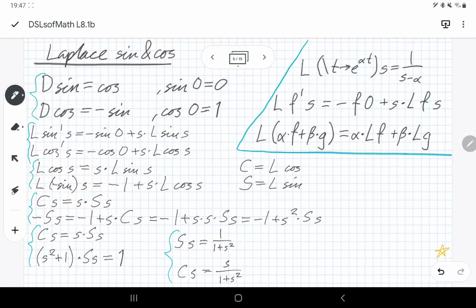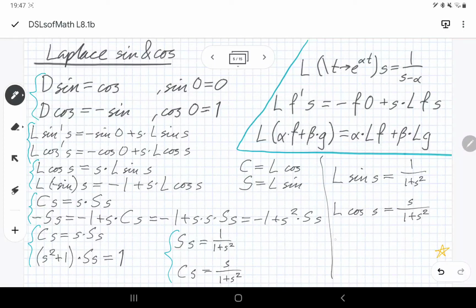We sum that up in the box as we usually do: the Laplace transform of sine at s is 1 over 1 plus s squared, and the Laplace transform of cosine at s is s over 1 plus s squared.